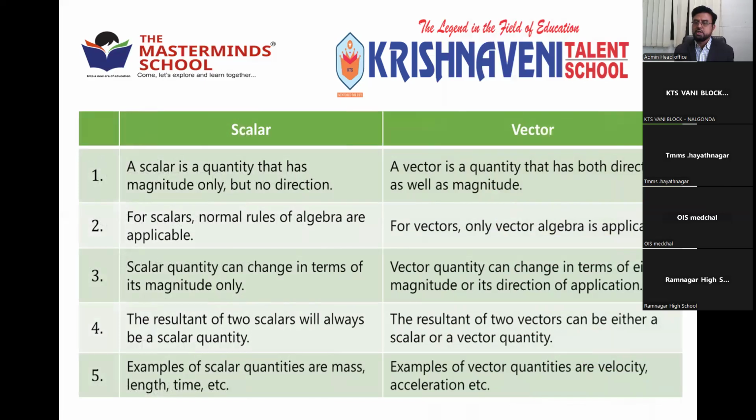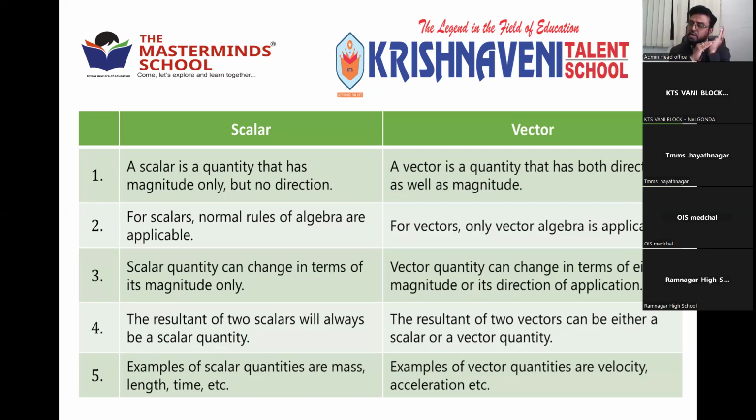Based on the main parameters, magnitude and direction, all the physical quantities, whether fundamental or derived, having only magnitude, like mass, length, and time, are placed under scalar quantities. Others, those having both magnitude and direction, are placed under vector physical quantities, right?